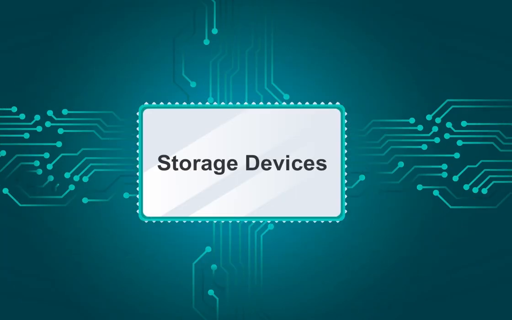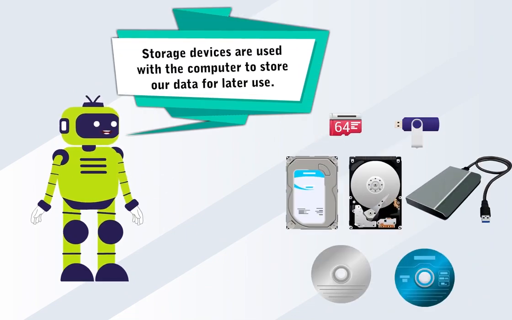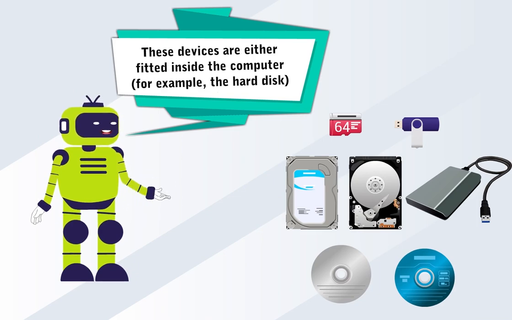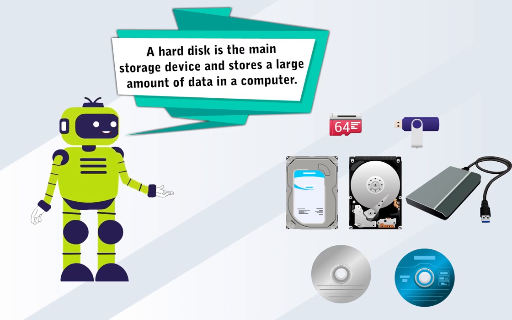Storage devices. Storage devices are used with the computer to store our data for later use. These devices are either fitted inside the computer, for example, the hard disk, or are attached externally, for example, pen drive, CD, DVD, etc. A hard disk is the main storage device and stores a large amount of data in a computer.